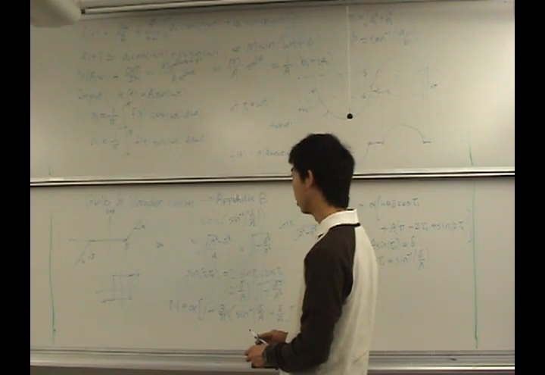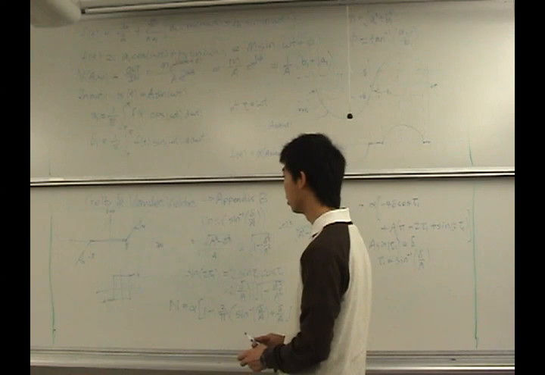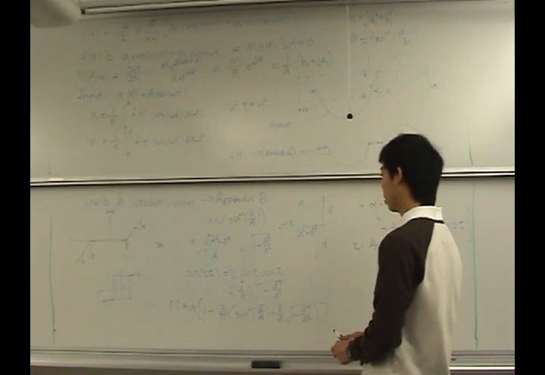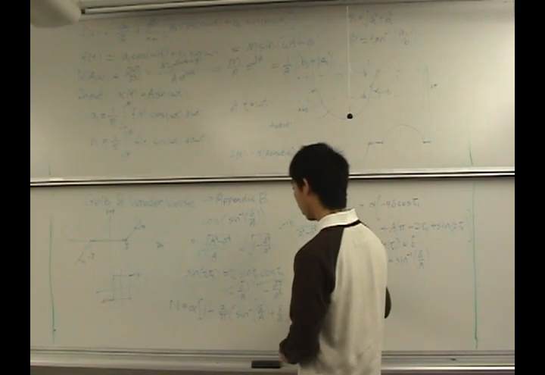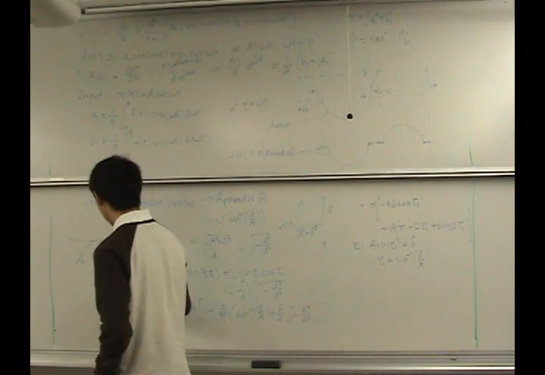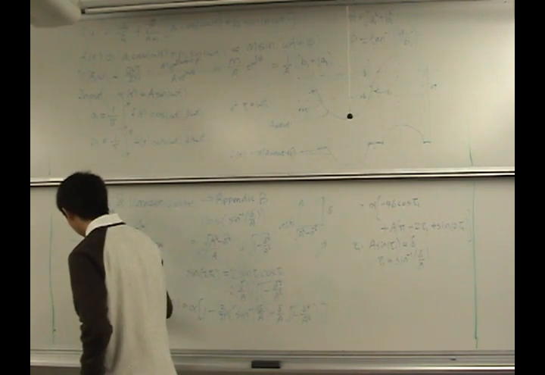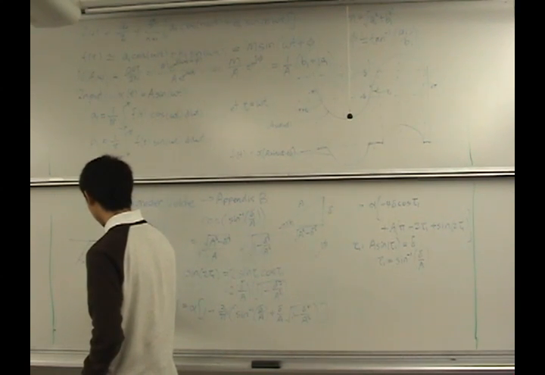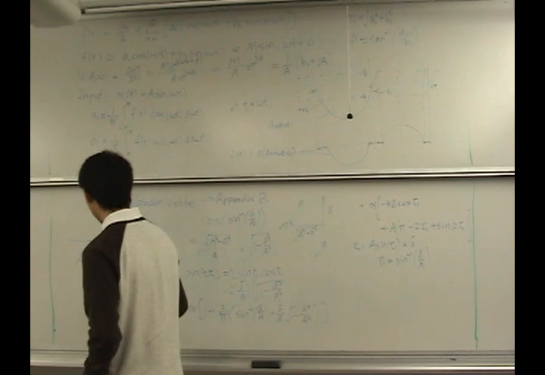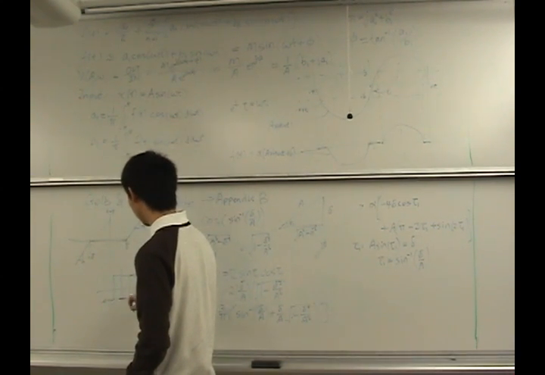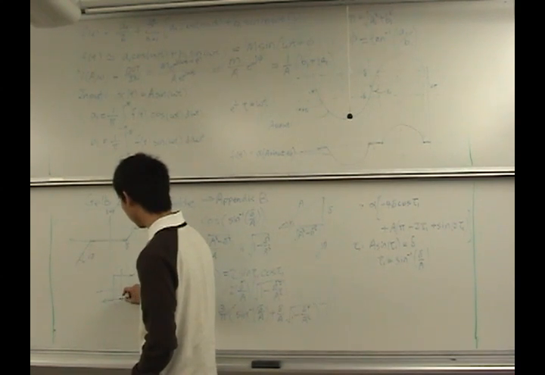I'm not even sure what happens when the input is less than delta. So you have delta, negative delta over here. You're either here or you're here, right?